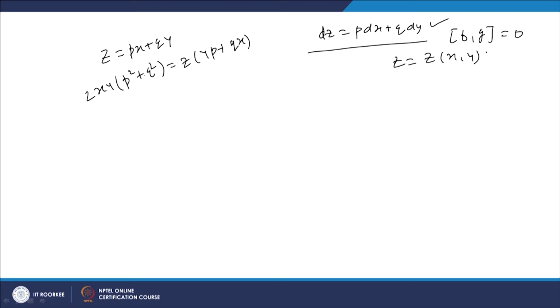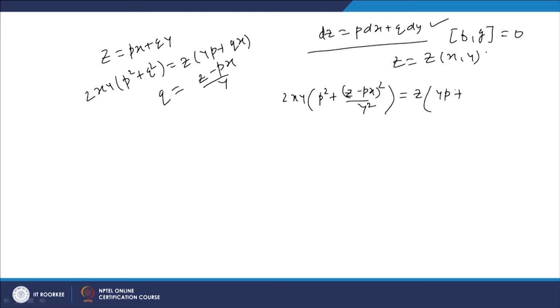So, now let us solve this. For this, simplify the first equation as q equal to (z minus p x) upon y. So, we write the value of q in terms of z, p, x and y and put it in the second equation. So, 2 x y (p square plus ((z minus p x) whole square) upon y square) equal to z (y p plus (z minus p x) upon y). Let me simplify this as z (y square p plus z minus p x).